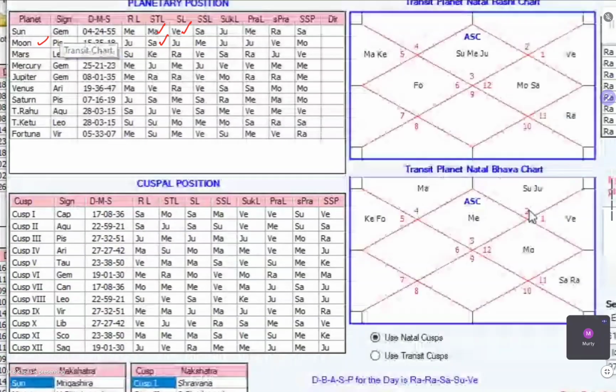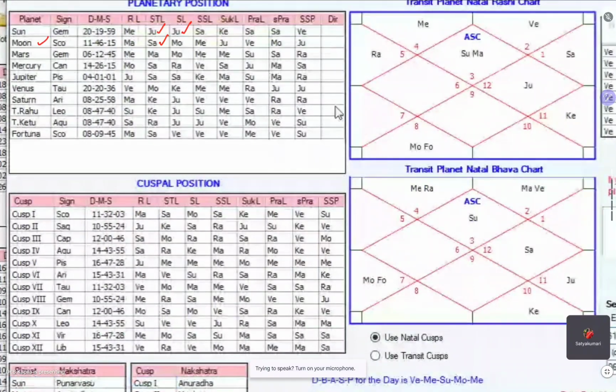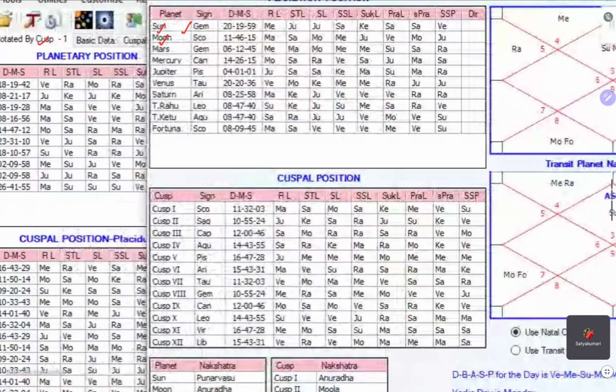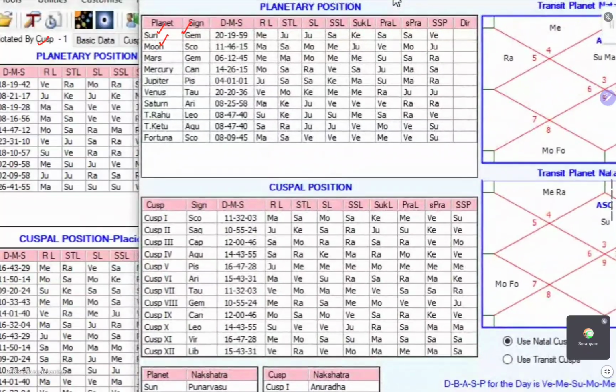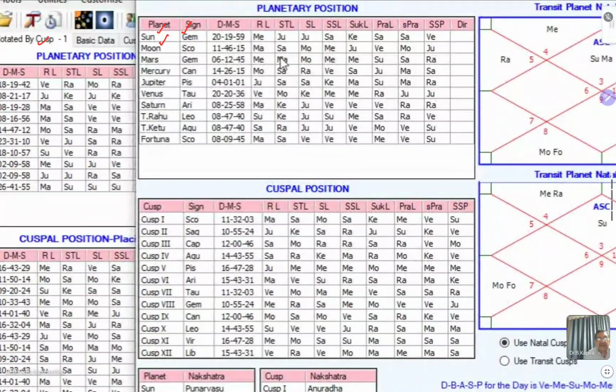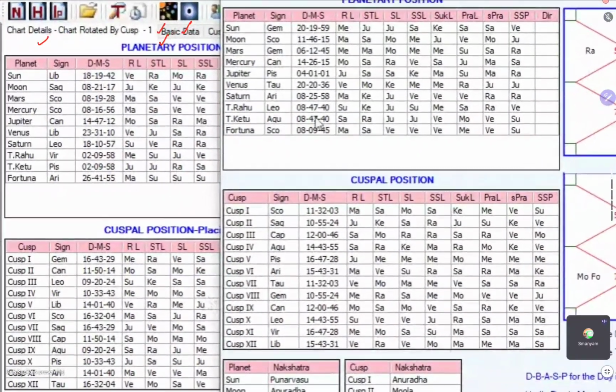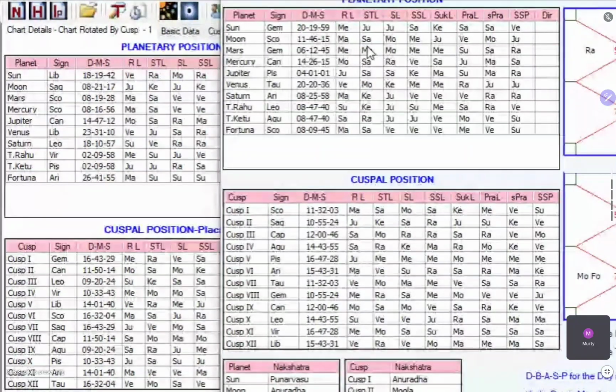Yes, sir. Saturn. Now what is moon star? Saturn. And what is 8th sub-lord? Saturn. So they are linked.